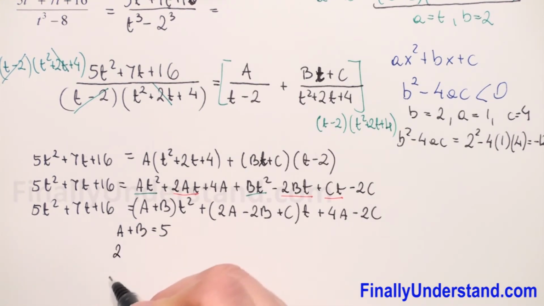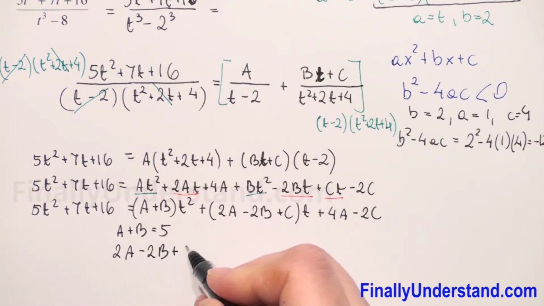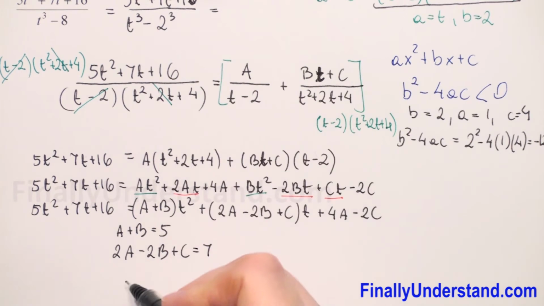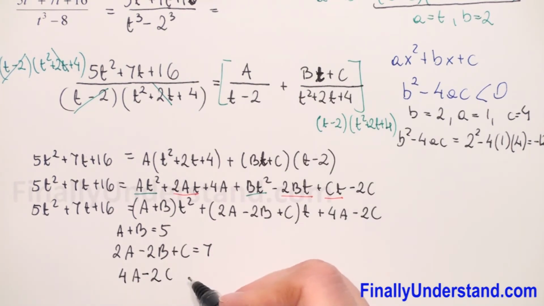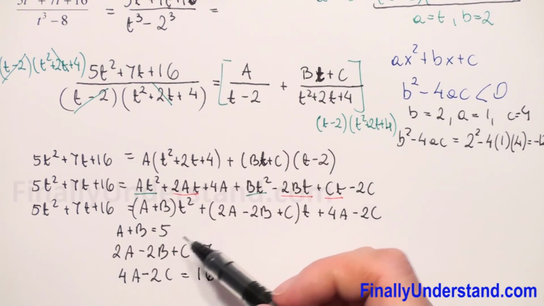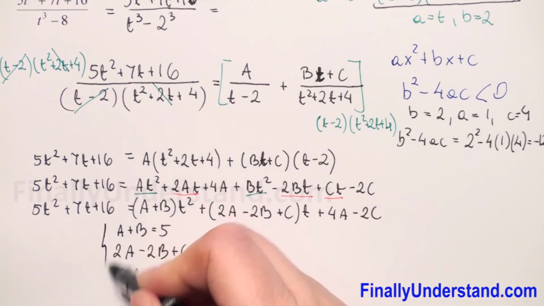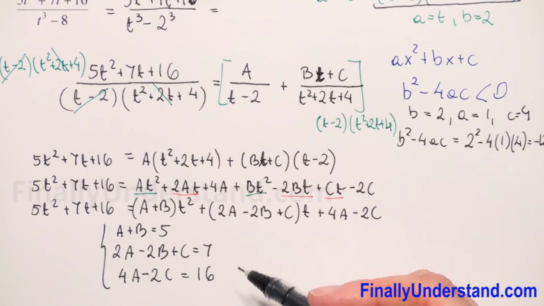So we have 2a minus 2b plus c equals 7. And constant 4a minus 2c must be equal 16. We have 3 unknowns, a, b, c, and we have 3 equations, so everything is okay.